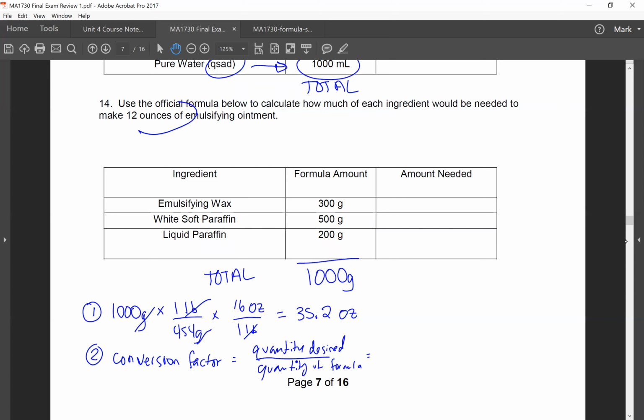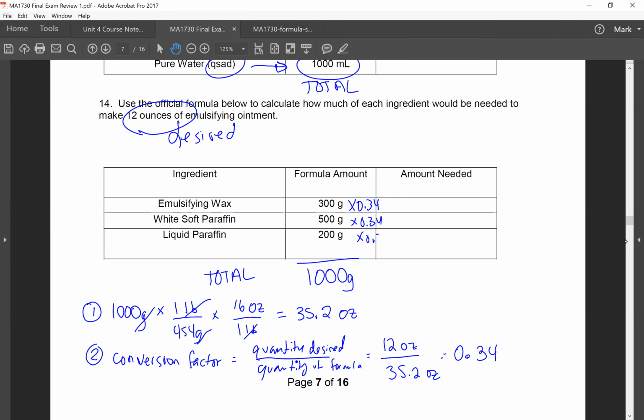Now, this is my desired up top here. If you're looking up top at the question, we want to make 12 ounces. The formula makes 35.2 ounces. So my conversion factor will be 12 divided by 35.2 or 0.34. And now all I need to do is multiply each of these by 0.34.